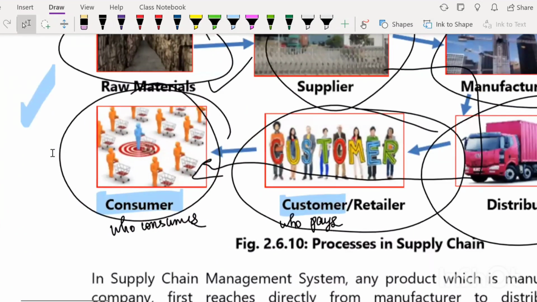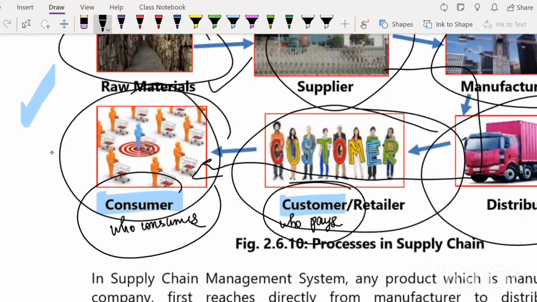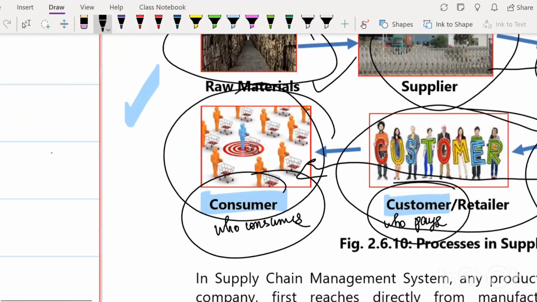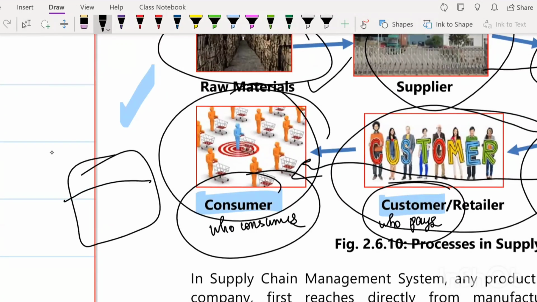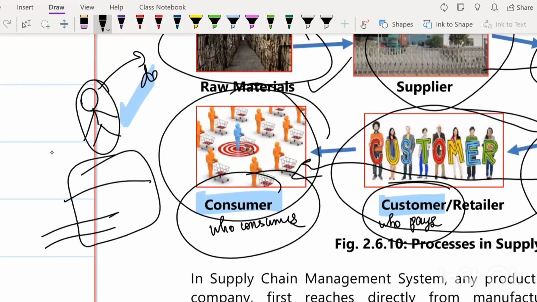Here one doubt you can get is, what is the difference between customer and consumer? I'll give you an easy example. Whenever you were younger, an ice cream shop person used to come on the roads, ringing his bell to say he had come to sell ice cream. When you were a young kid, you would have asked your dad for ice cream. Here, who is going to consume the ice cream?